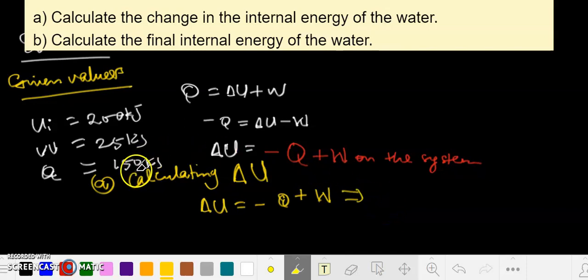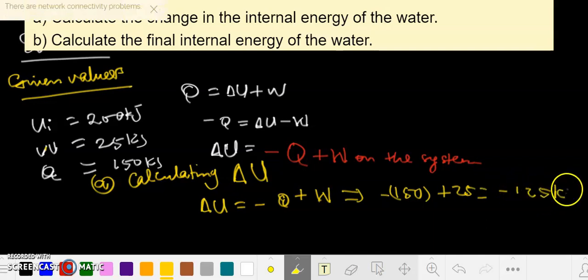We know that 150 is Q, so this will be negative 150 plus 25. 25 is the work done as indicated. If you plug this in your calculator, you will simply get negative 125 kilojoules.